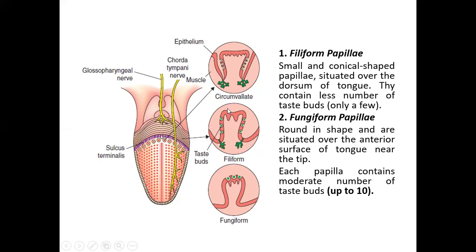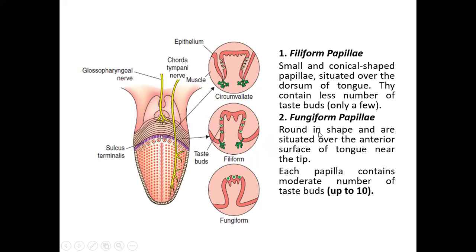Now, these are the 3 types of papillae: the circumvallate, the filiform, and the fungiform. Here, as you can see, there's the filiform. As I said, they are found on the dorsum of the tongue, and you can see there are only a few, and this is how they are shaped. Then the second one is called the fungiform papillae, okay?